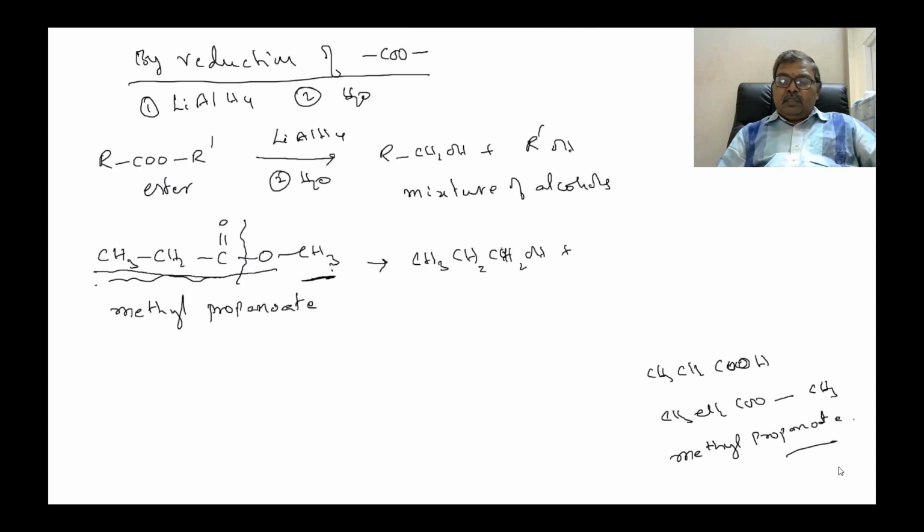Next, for the remaining part, add hydrogen. So you will get propanol, 1 mole, and methanol. These are the products obtained in the reduction of methyl propanoate in the presence of lithium aluminum hydride followed by hydrolysis.